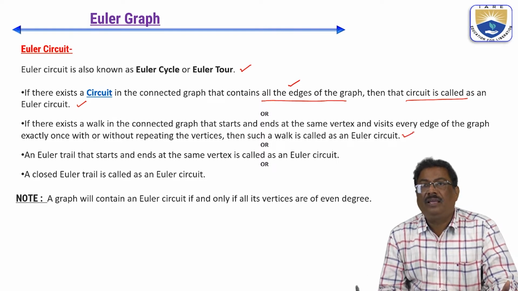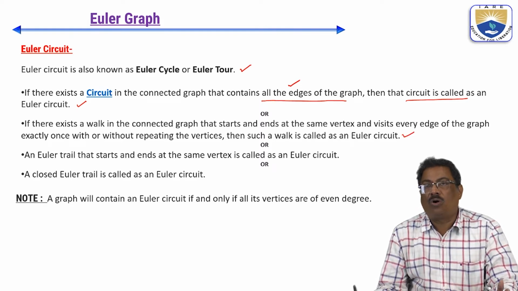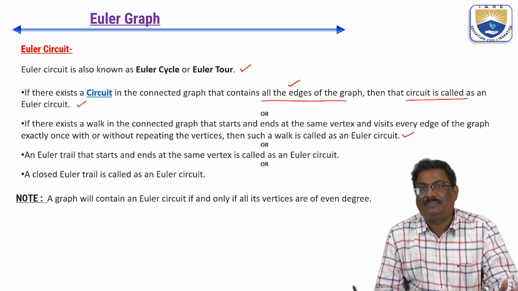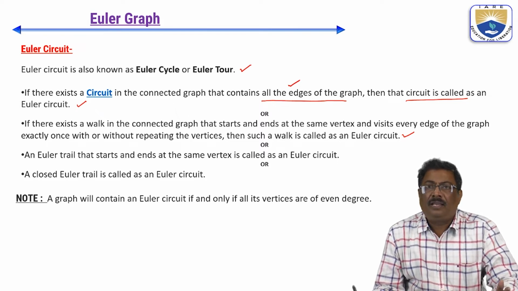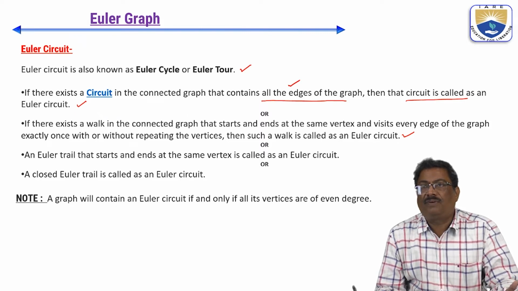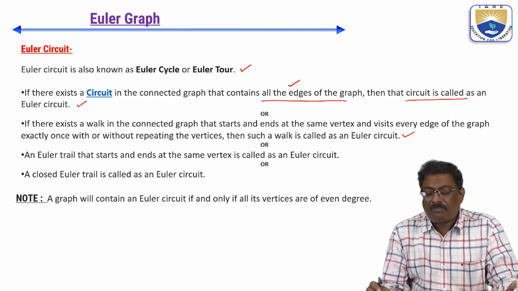It is a closed walk in which all the edges should be covered, and all the edges should be traversed only once, with or without repeating the vertices while traveling the edges. Whatever circuit we get, that is nothing but a Euler circuit.